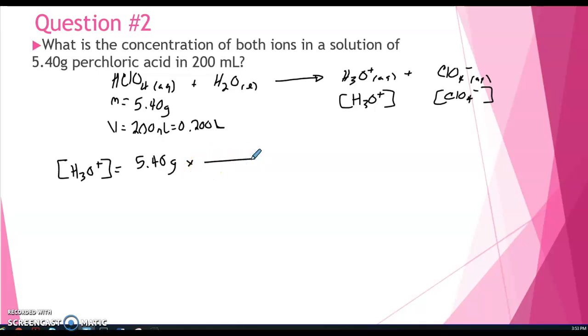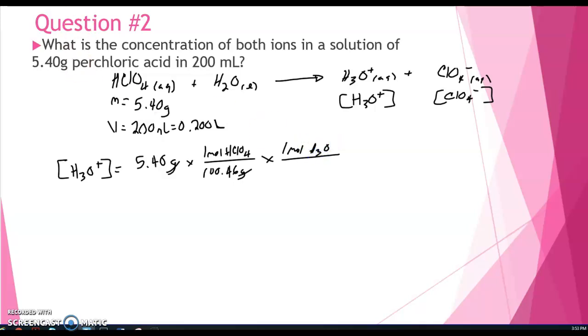And to do unit analysis, we would do the ratio of 1 mole of HClO4 over the molar mass. That'll cancel out our grams. Next, we can do our mole ratio. Our mole ratio is 1 mole of hydronium.